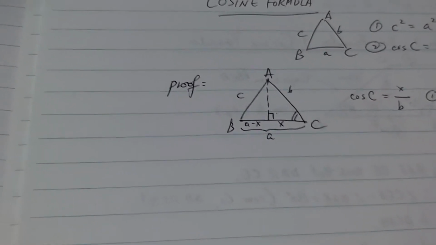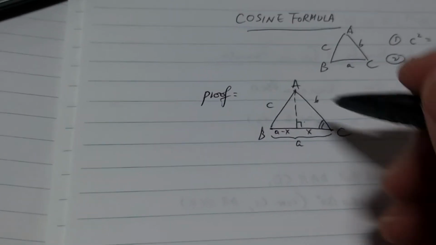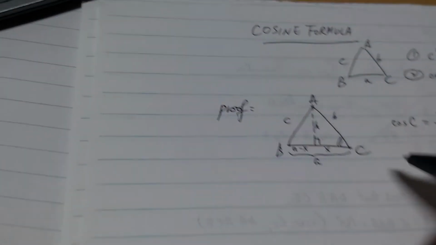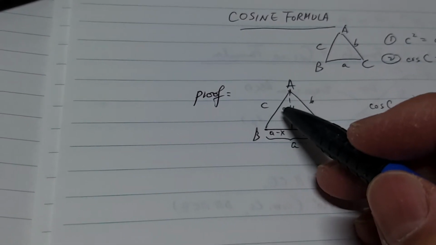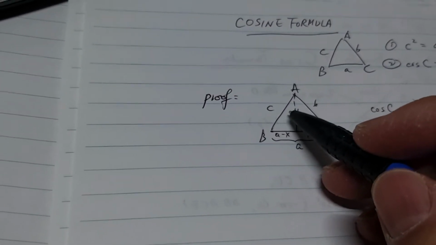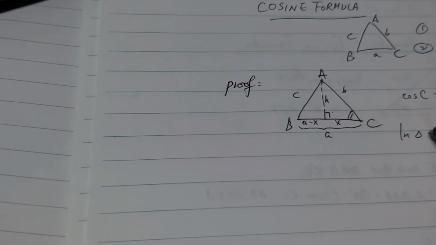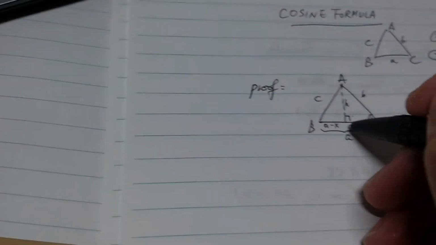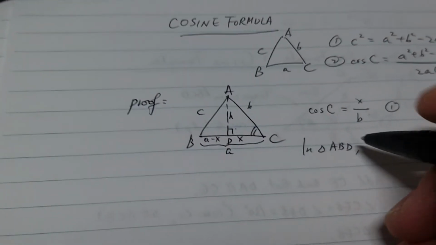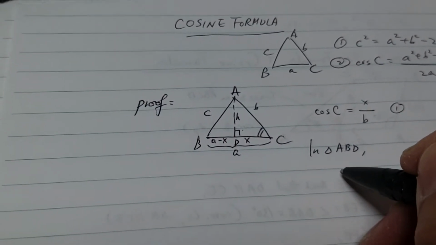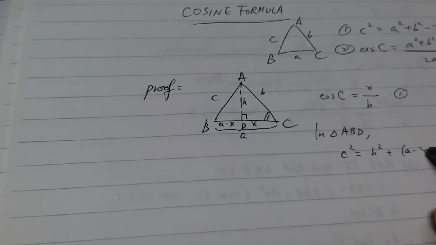Okay. The next step is we want to use the Pythagoras theorem twice to write down the relationship in this triangle and this triangle. So in triangle ABD, c squared equals h squared plus (a minus x) squared.